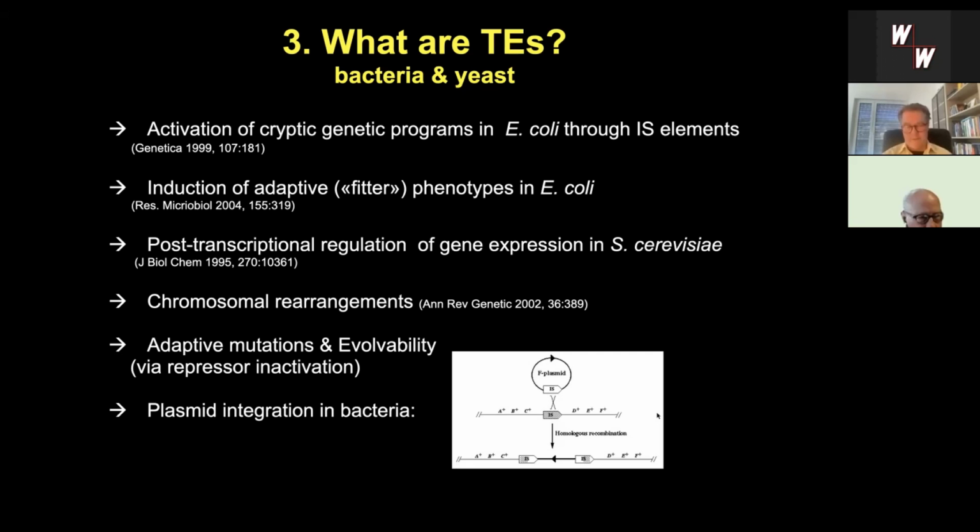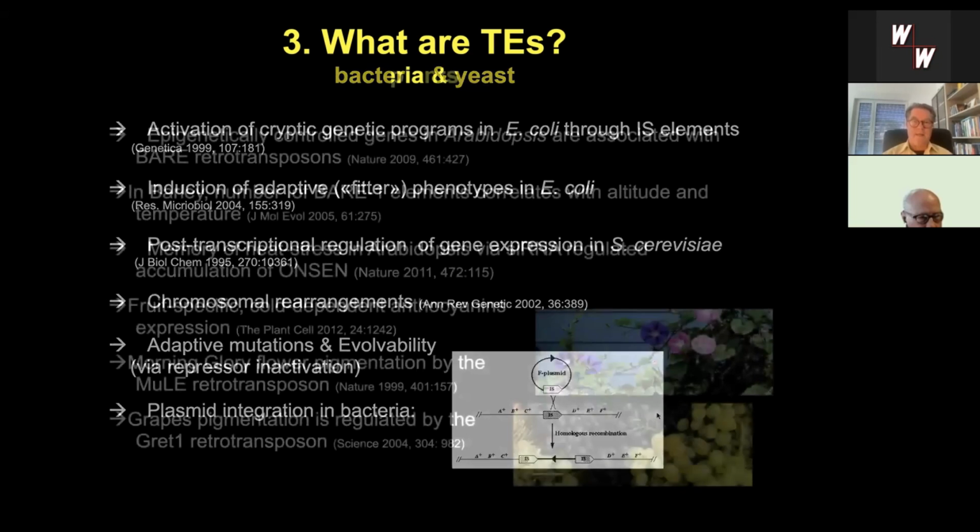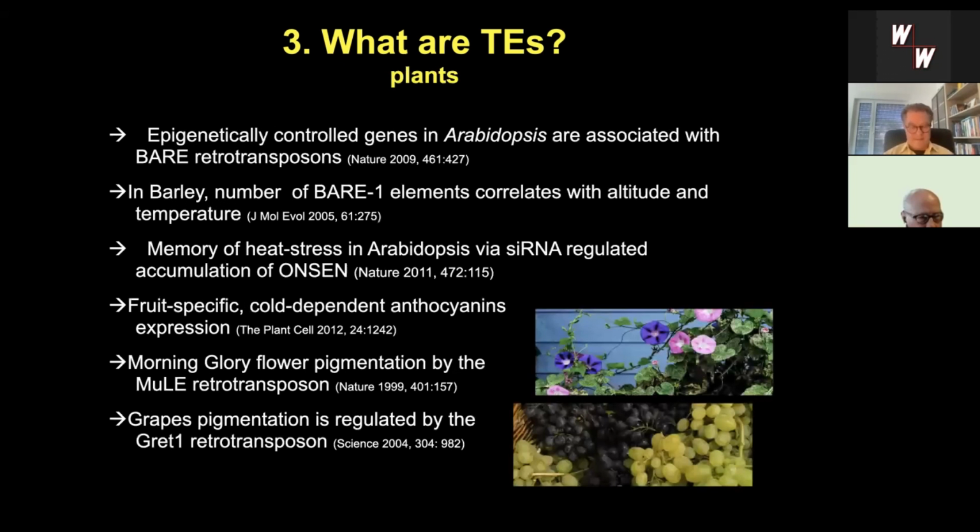They can also induce chromosomal rearrangements, adaptive mutations, evolvability, for instance, via repressor inactivation. And also, one of the observations is that they are involved in integration processes, for instance, of plasmids in bacteria, due to recombination processes on the IS elements, on these genetic elements.